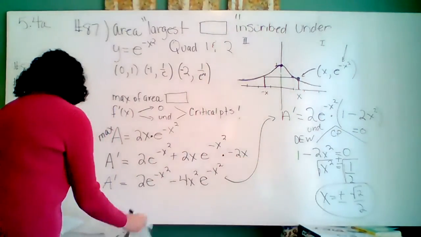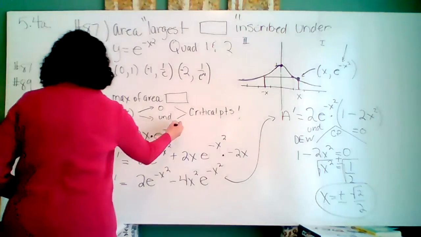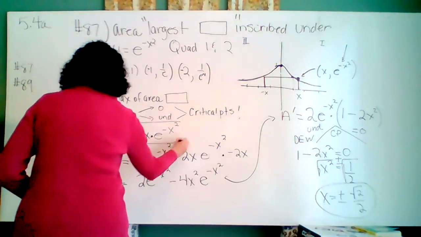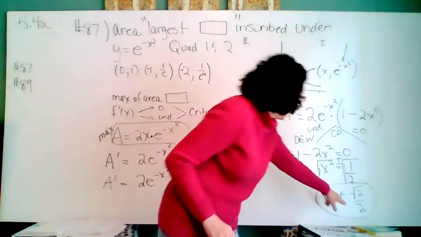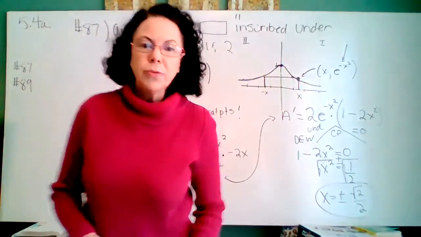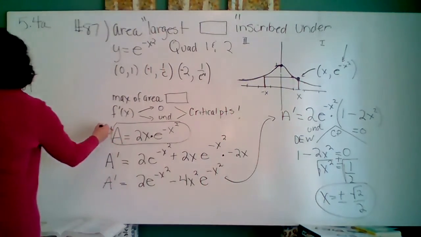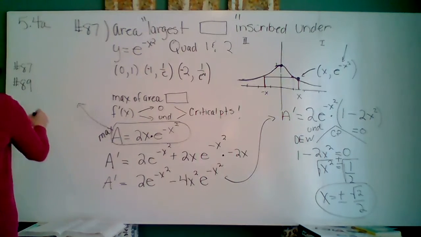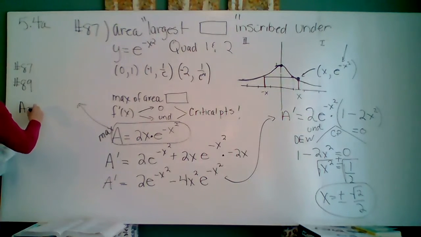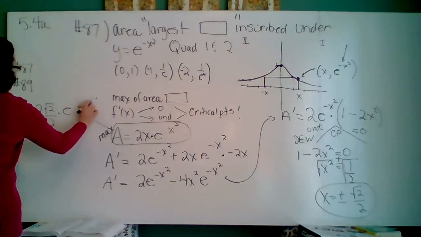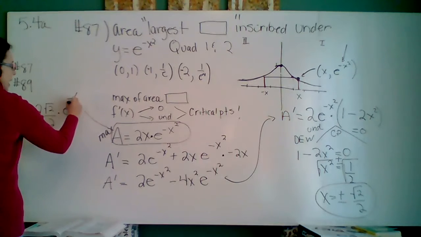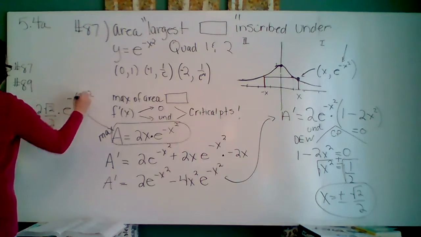Okay, so this means here's my area formula here, right? And I'm going to take my x, the square root of 2 over 2, and put it into this area formula. So my area equals 2 times the square root of 2 over 2 times e to the negative square root of 2 over 2 squared.